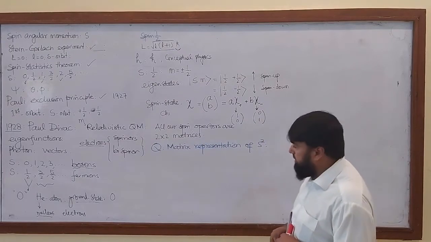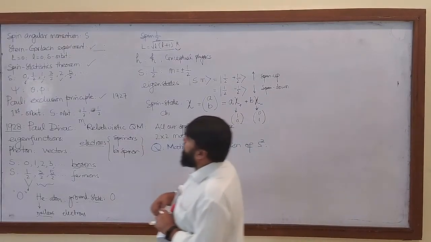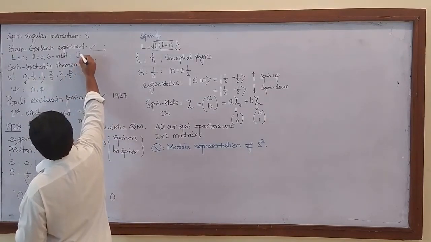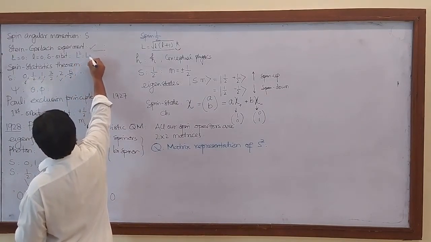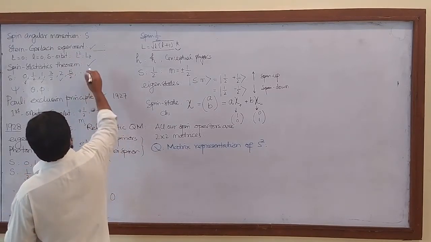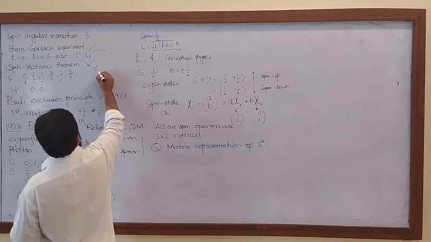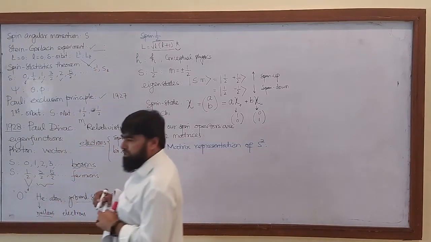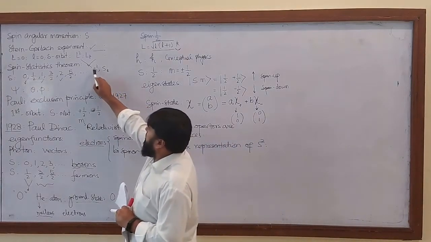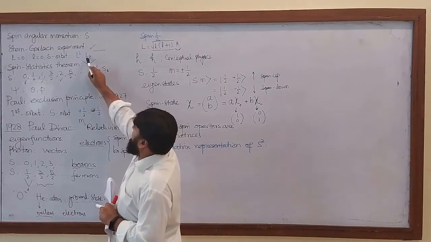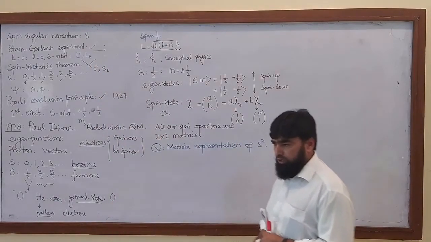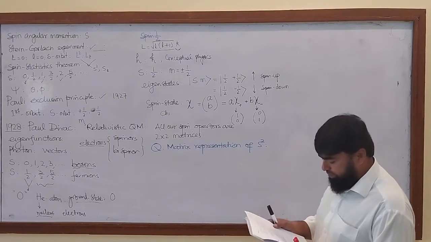It is an operator, just like we had operators L square and LZ. In the same sense, we will have operators S square and SZ here. The square operator, and then the orientation operator, one component of this, which we call the Z component.